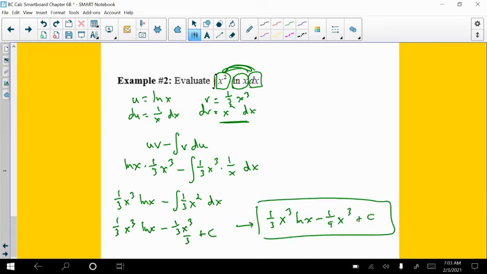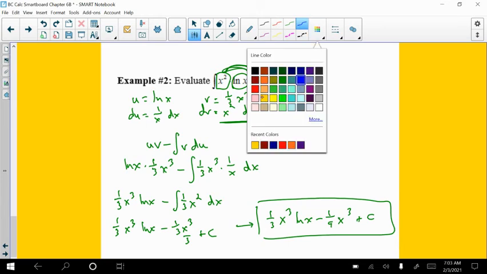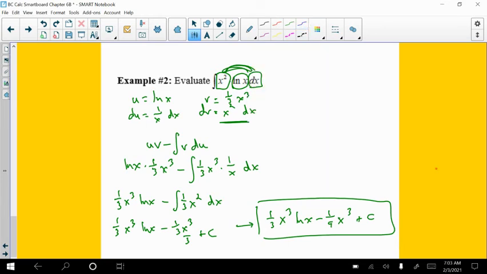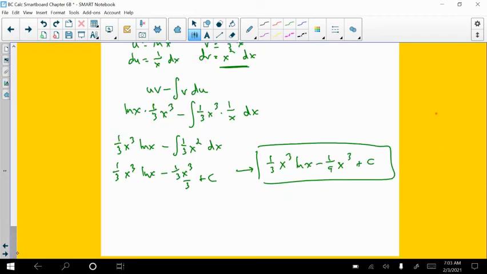And again, it might be worth your while to take its derivative because we could check our work. So much easier to take a derivative than an antiderivative. So then that would be a product rule. Oops, I think I'm out of space there. So the derivative of 1/3 x cubed: the 3 comes down. If I use the product rule, that's just x squared.